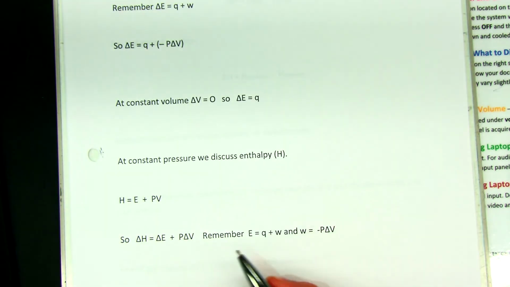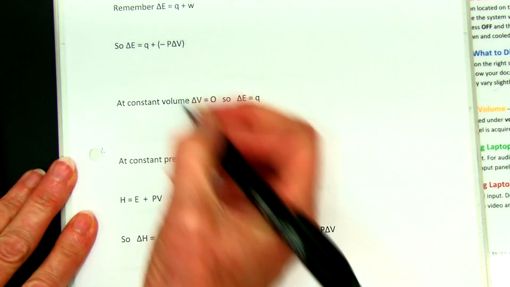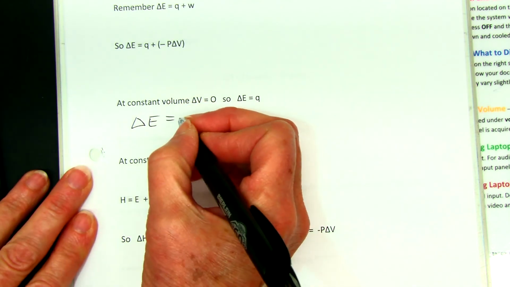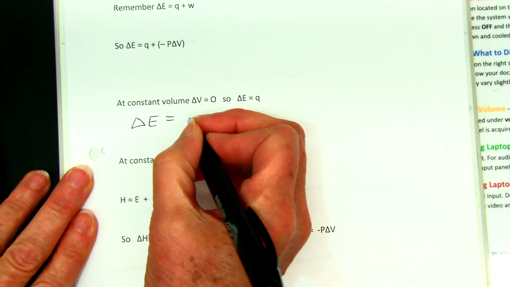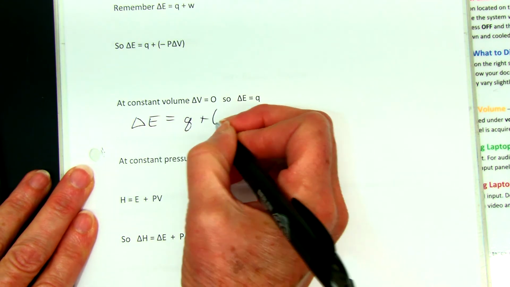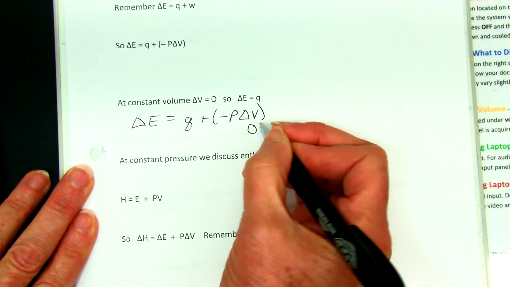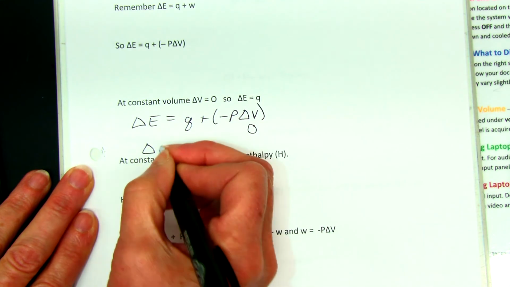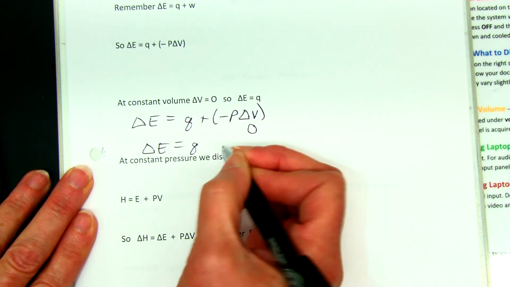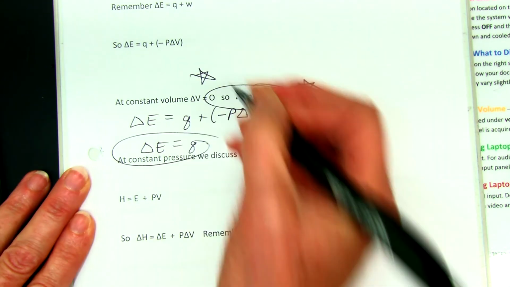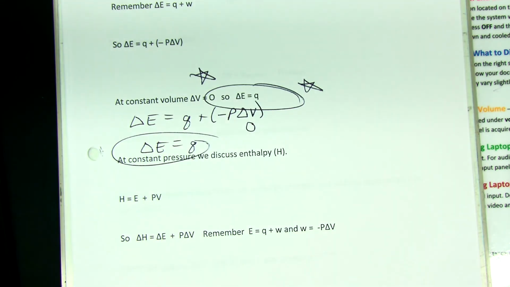So we would then have that delta E is equal to Q plus negative P delta V, and if delta V is 0, this term becomes 0, so delta E is equal to Q. So this is what's important, is that when we are dealing with a system at constant volume, we don't have any work, we only have heat.